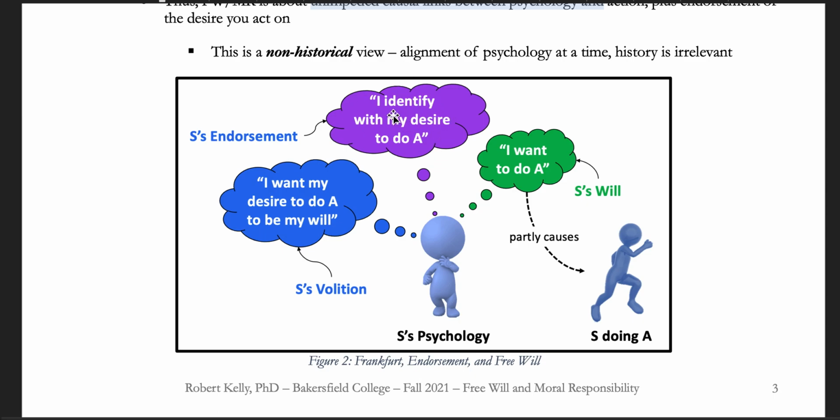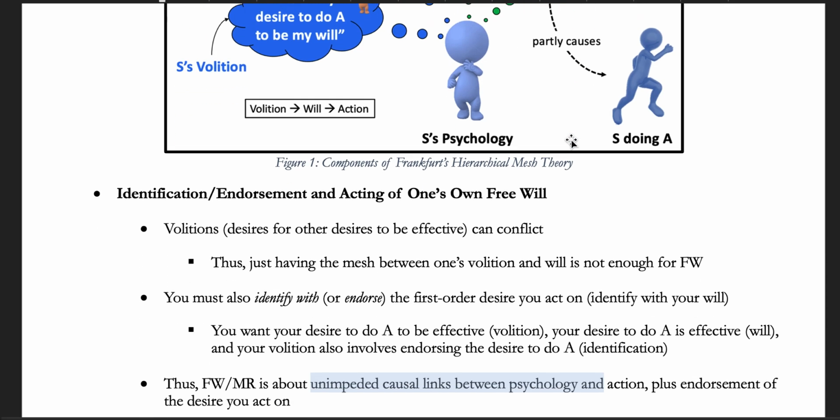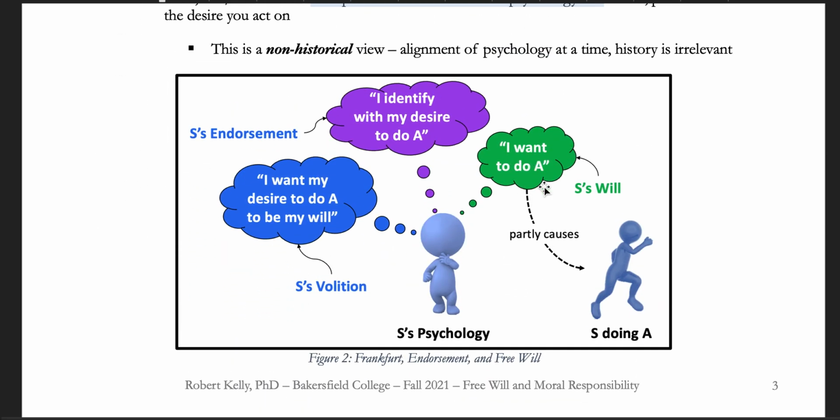That's needed, because you can have conflicting desires and you might have conflicting volitions. And so when you add the endorsement of what you're doing, the endorsement of the desire that causes you to do what you do, then that's when you get freedom.